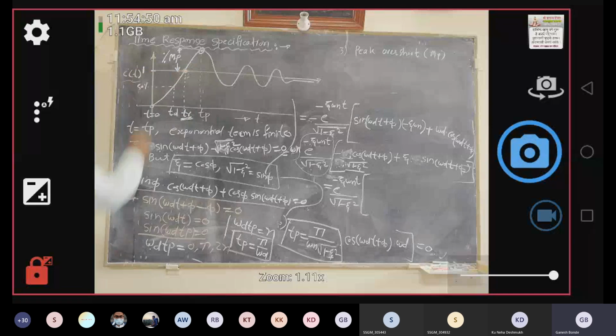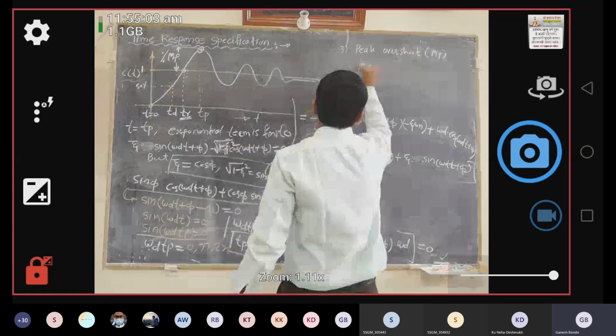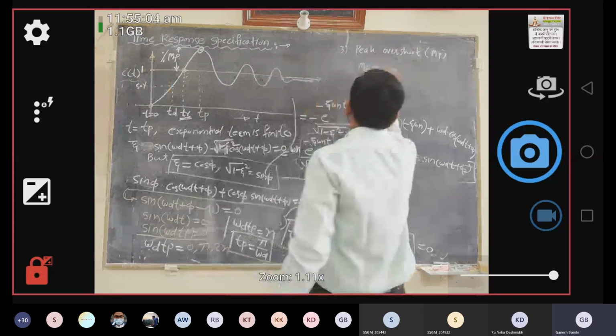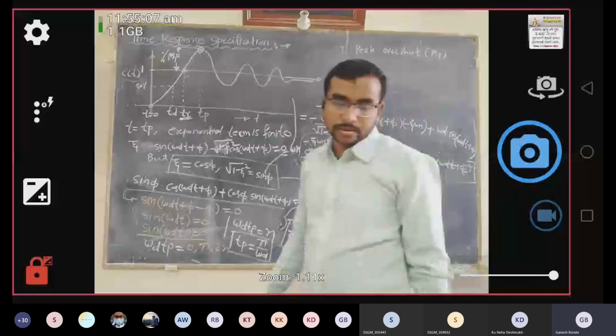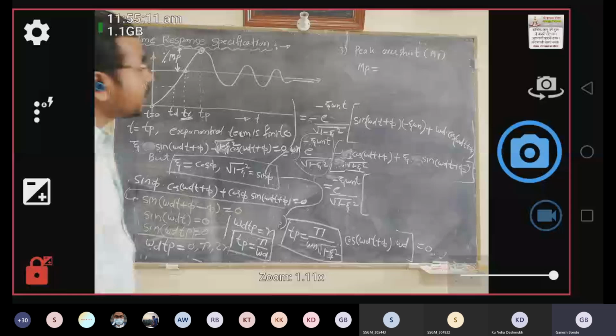It is 1. And here is your C of Tp. As you get the value of Tp, you substitute it in your time response C of Tp. Therefore MP is the normalized difference between the time response peak and the steady state output.